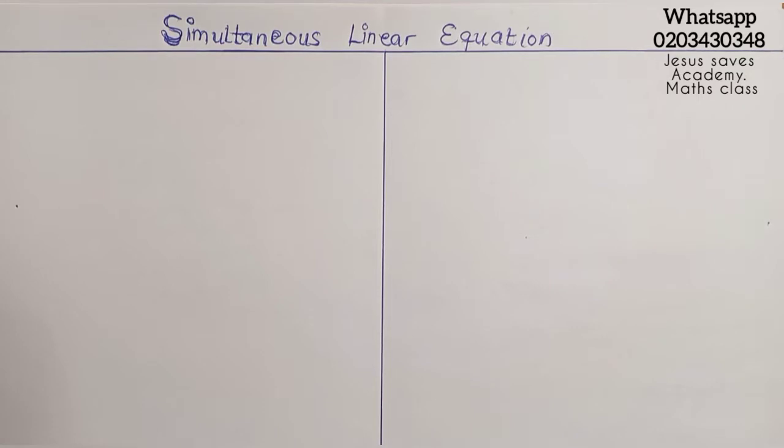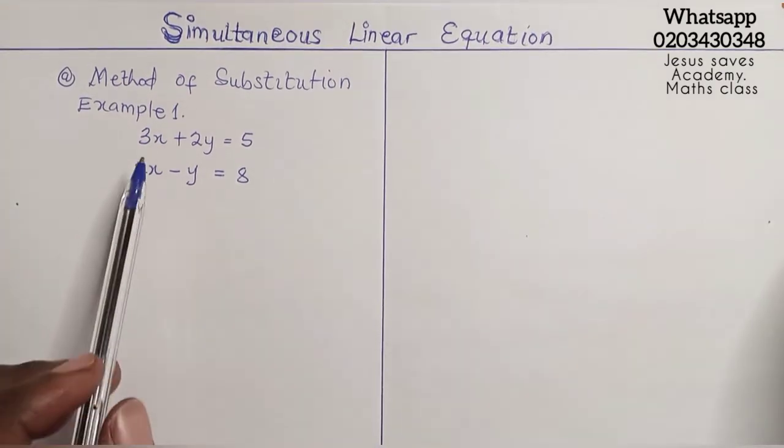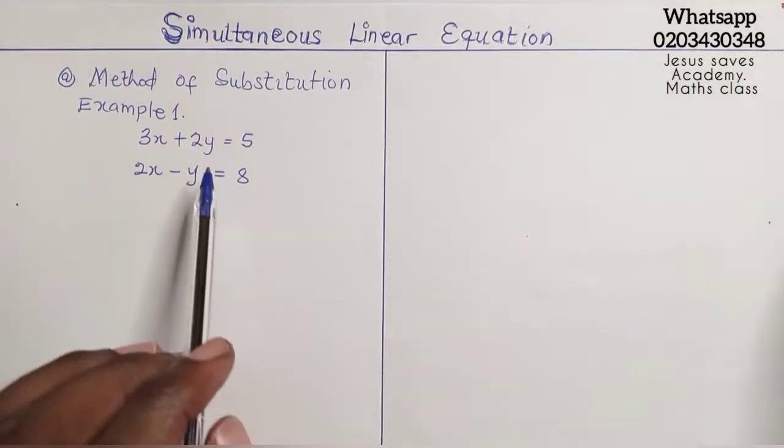Then in the next lesson I will talk about the elimination method. So without wasting time, let's take an example of a simultaneous equation. So this is an example of a simultaneous equation.